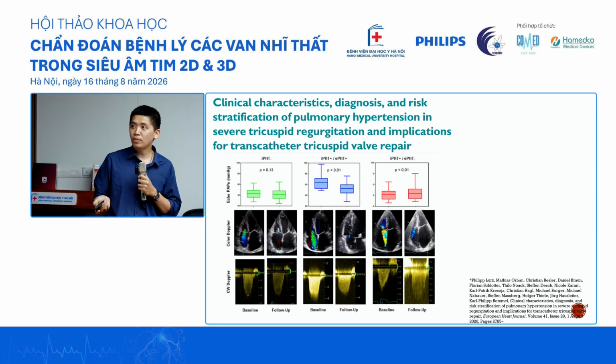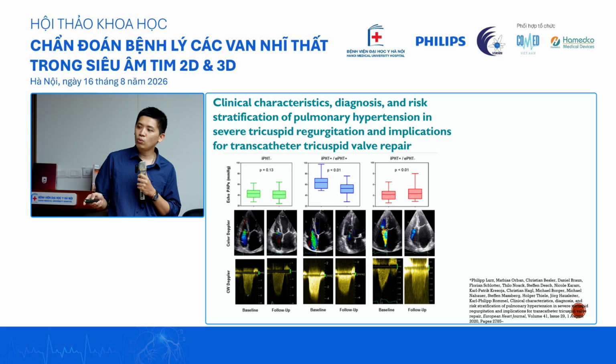A friendly reminder that research has already been done on this. These are patients with severe tricuspid regurgitation who came into the clinic. They had invasive measurements to determine whether they had pulmonary hypertension or not, and then it was determined whether the patient also had pulmonary hypertension on echo.